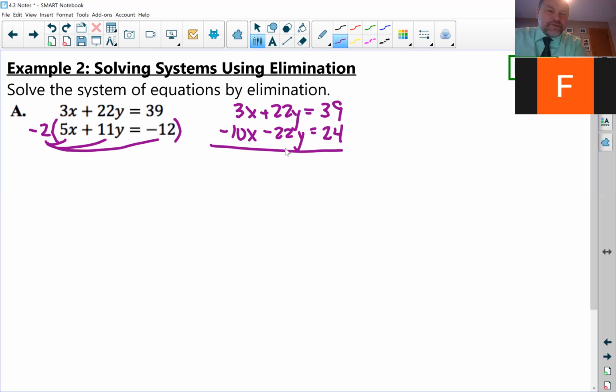And now I've got my opposites for my y's, so I can add. 3x minus 10x is a -7x. 22y plus -22y, that's 0. It eliminates the y's. 39 plus 24 is 63.